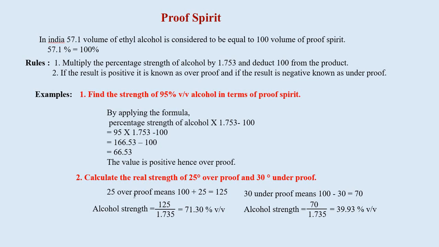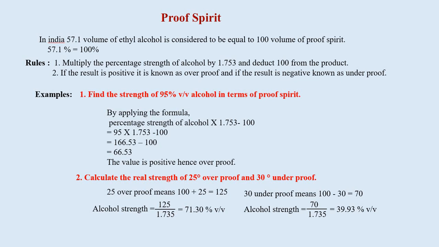25 overproof means 100 plus 25. Why 100 here? Because it is overproof, meaning it is above 100. That is why we add that 25 to the 100, so the resultant value is 125. Alcohol strength is equal to this value divided by 1.753.